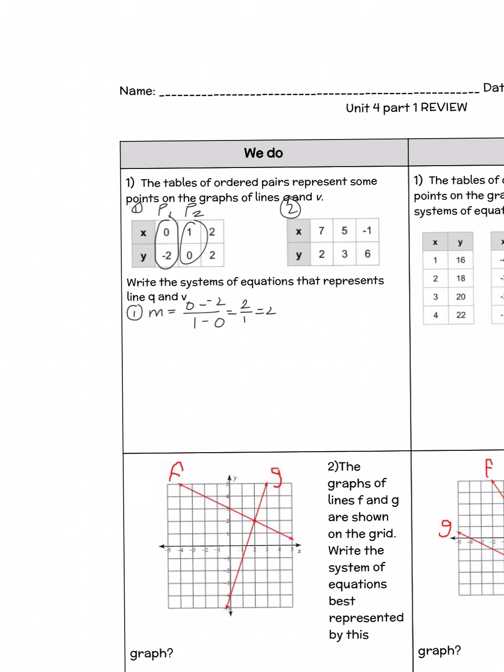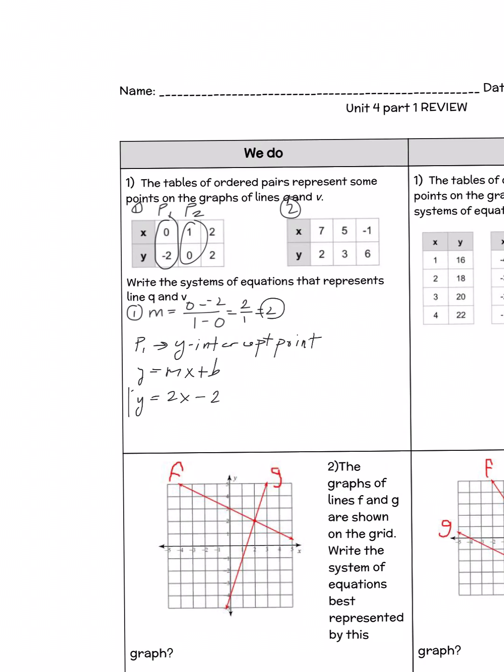Since I circled P1 earlier, and this is my y-intercept, I know that P1 is my y-intercept point. So if I write it in the equation y equals mx plus b, then y equals 2, because that's what I have here, x minus 2.